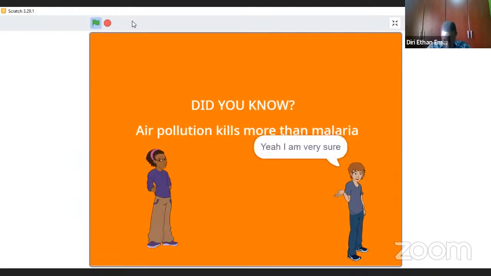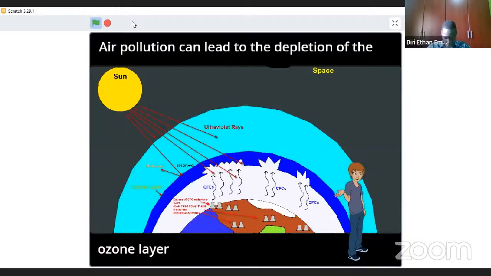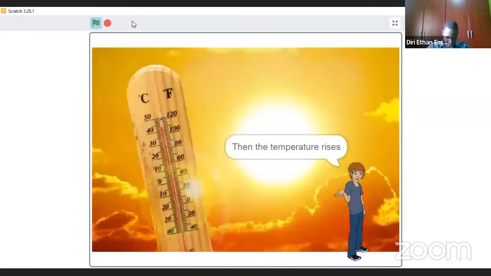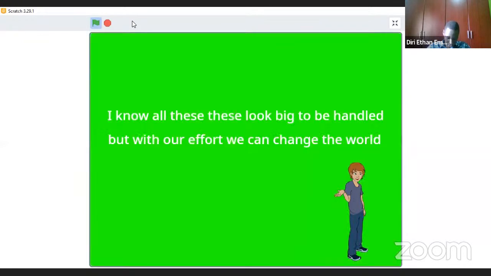Are you sure? Yeah, I am very sure. On the ecosystem, air pollution can lead to the depletion of the ozone layer. Then the temperature rises. And this starts to happen, melting snow on mountain peaks. I know all these look big to be handled, but with our effort we can change the world.